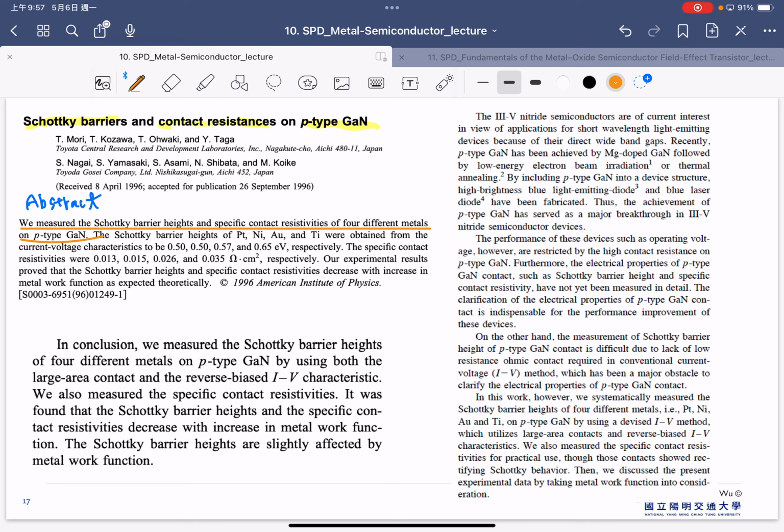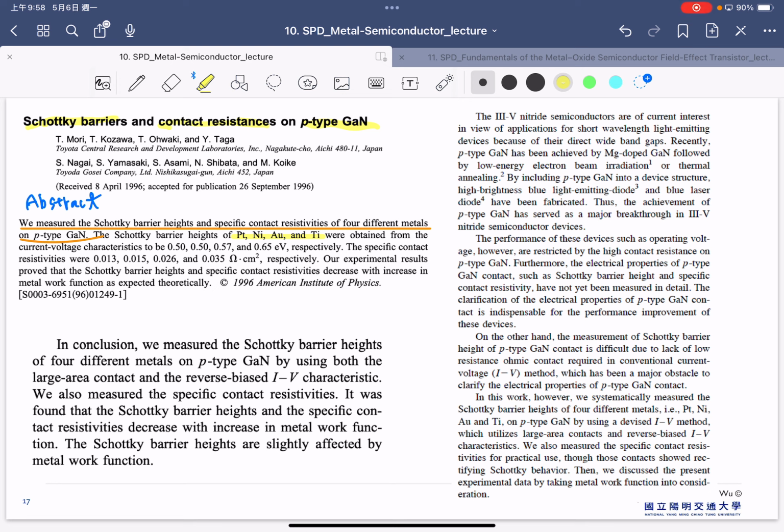That means different metals should have different effects on our barrier height and contact resistance, and this is exactly what this paper is trying to study. It deposits the different metals and looks at the Schottky barrier height and contact resistance. In this paper, the 4 different metals studied are Pt, nickel, gold, and titanium.